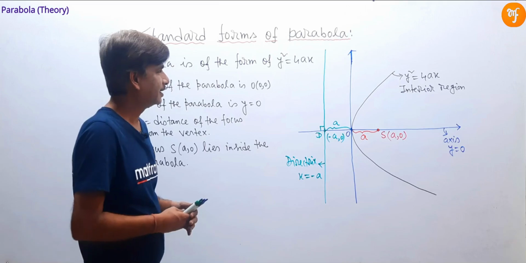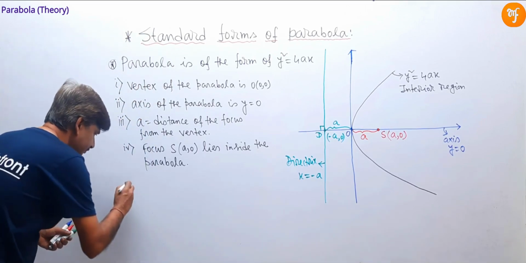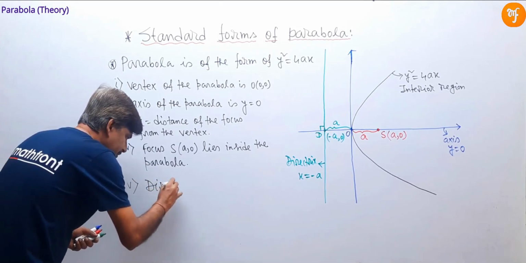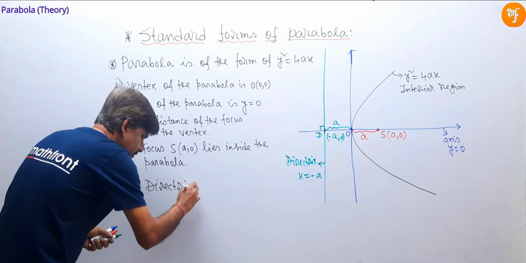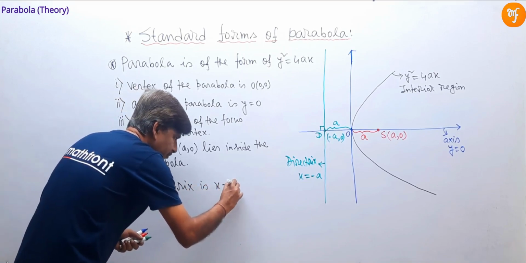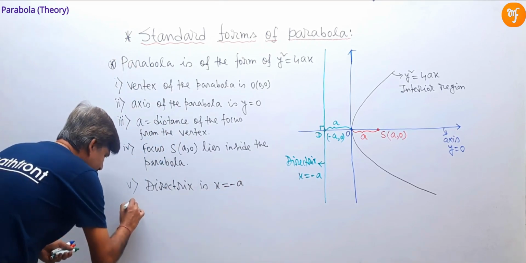Okay, clear? So please write down, directrix is x is equal to minus a. Clear? What we learned?